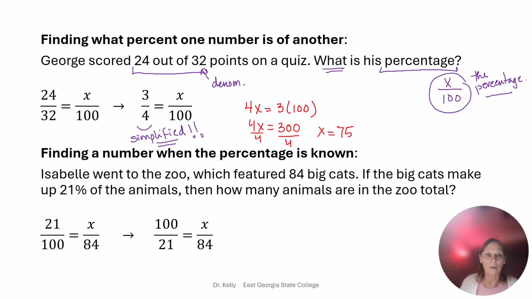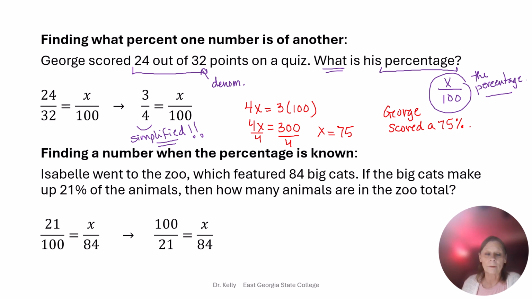Okay, so George scored a 75%. You don't say George scored a 75. You need to say that percent, because that's what we're doing here.